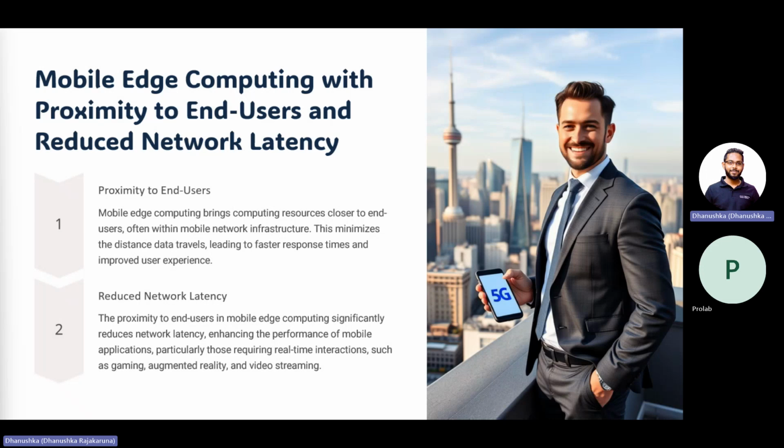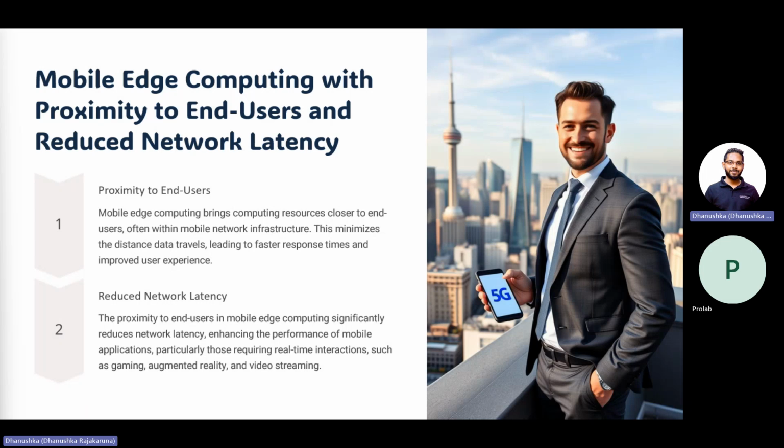It brings computing, storage and networking resources closer to end users, typically at the edge of mobile networks. This proximity reduces latency, optimizes bandwidth, and enables real-time services, crucial for modern applications.